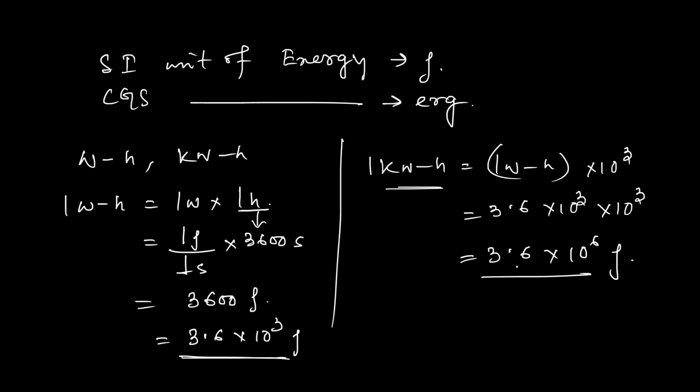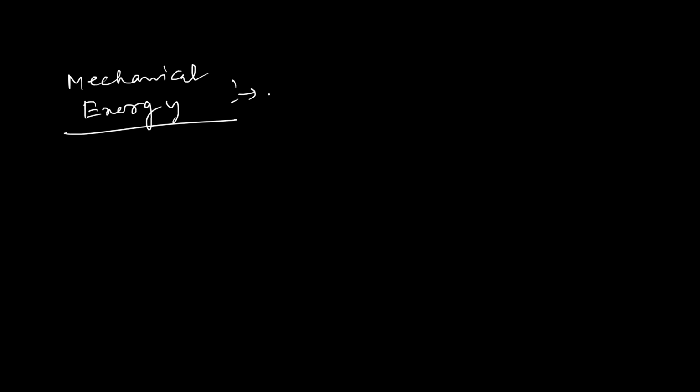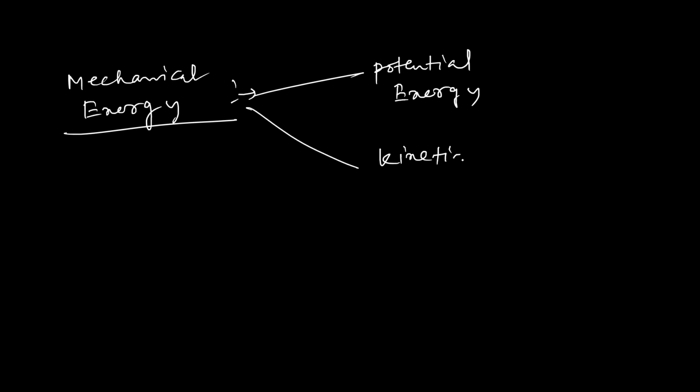Now what are the different kinds of energies we know? If we go for the classification of energy, at first we get mechanical energy. Mechanical energy is further classified into potential energy and kinetic energy.